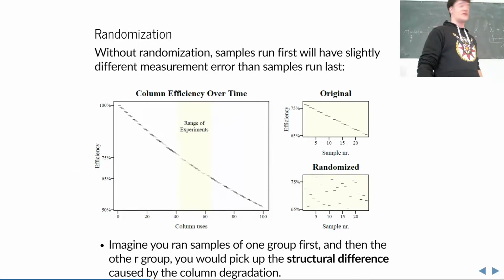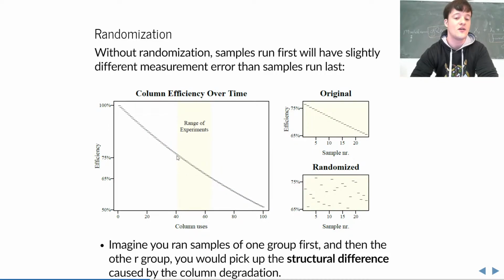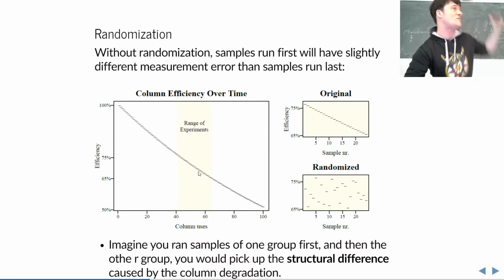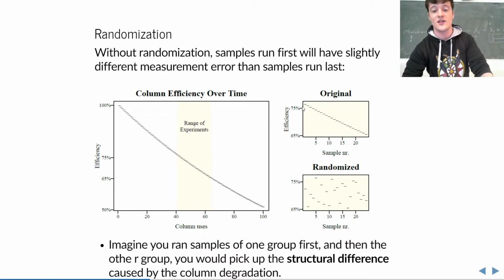So this is what that looks like. Here we have your range of experiments. You're using a column that has already been used for another study maybe. You have 20-something samples. But the first sample is going to have a different efficiency of the column than the last one, because you keep using the column, so it keeps decreasing in efficiency.